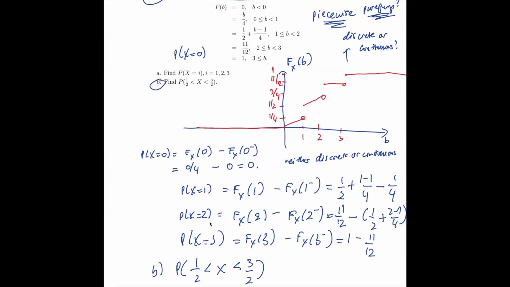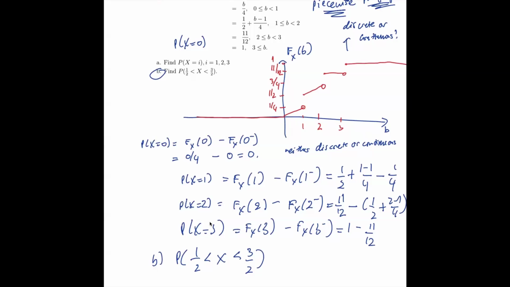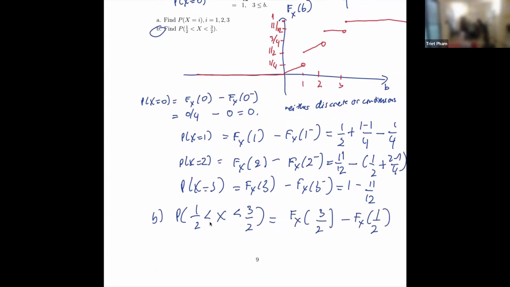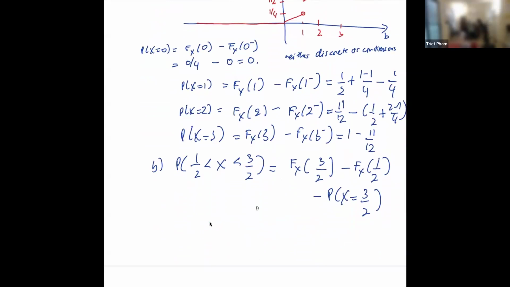3/2 minus F_X of 1/2, and then minus the P of X equals 3/2? That's excellent, so what you said is perfect. So it would be like that. And how so? Because what is F_X at 3/2?